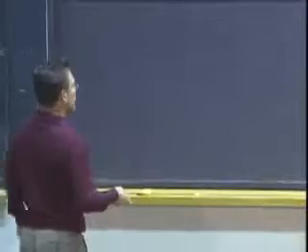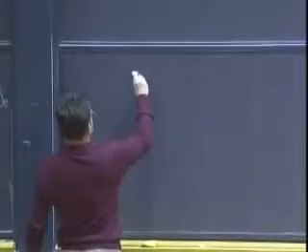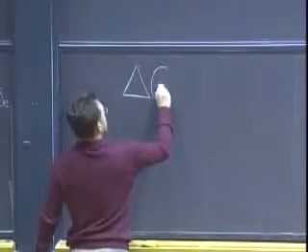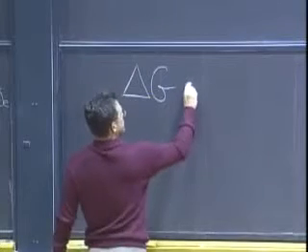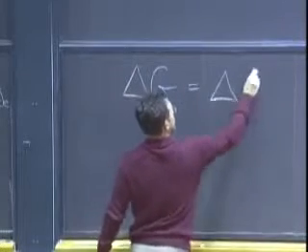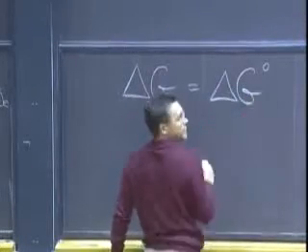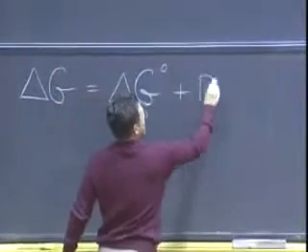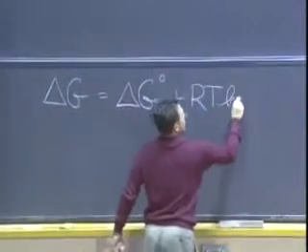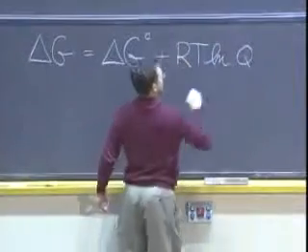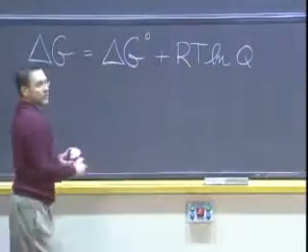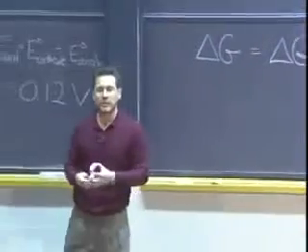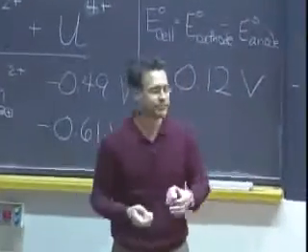And now we're going to do that again, and we're going to remember that delta G for a reaction is equal to delta G naught plus RT ln Q. That's something that you should remember from your studies of chemical equilibrium.